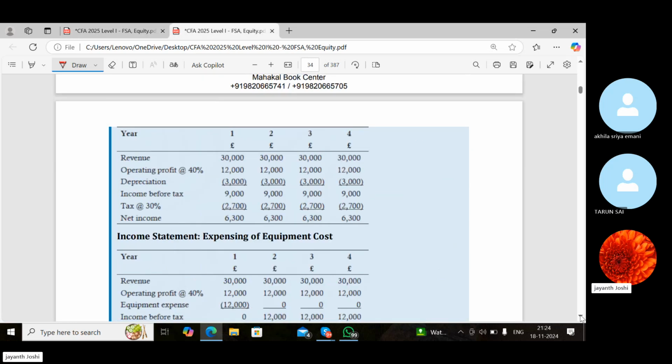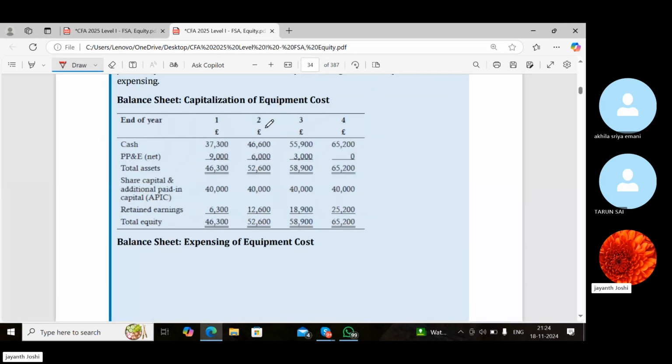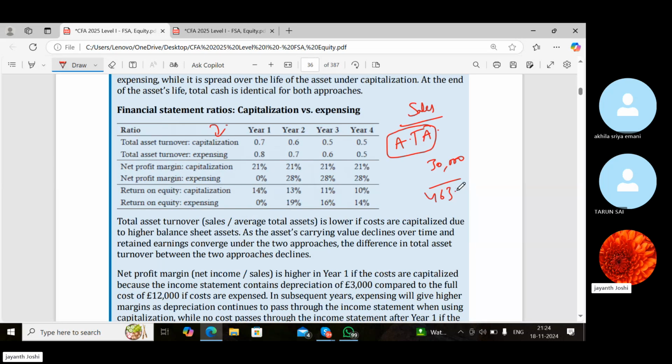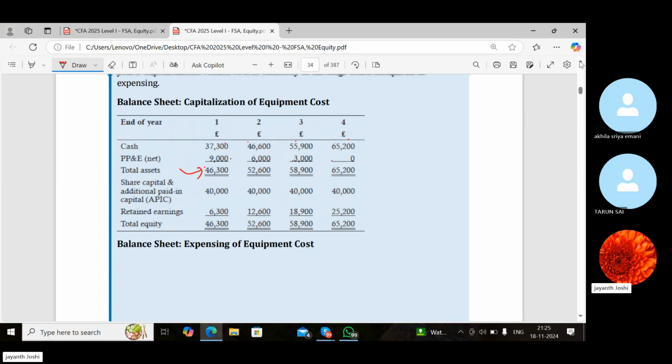So in the first year, we are taking the total assets. Okay, that is 46,300. So we divide by 46,300 and you see what the answer is. See, we will take the cash balance also. It's not like only the fixed assets we need to take. They are decreasing, of course, but cash is increasing every year. One of the assets is increasing.